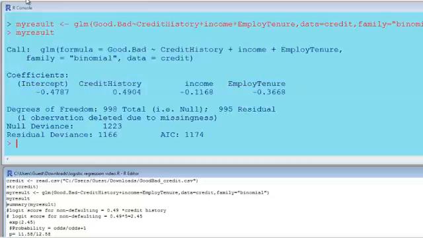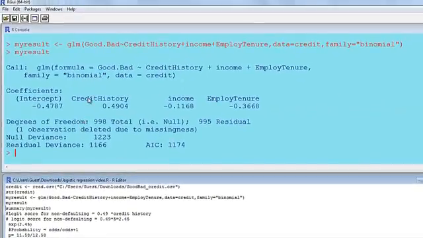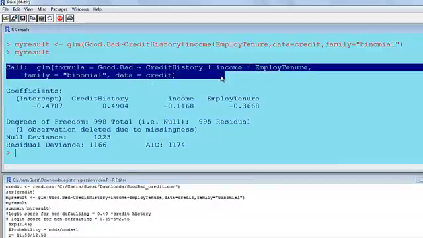If we print myResult, that is how the output looks. First of all, R gives us the basic formula which we have given in the glm command. In the glm command I've given 3 arguments. The first argument is the formula for building the logistic regression, in which good bad is the dependent variable, and credit history, income, and employee tenure are the independent variables. In the second argument, I'm mentioning the data frame from where R will search for those variables.